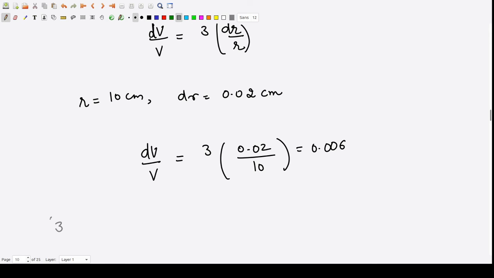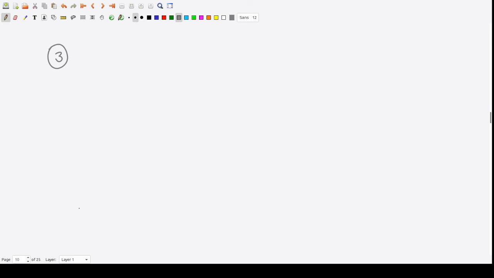Okay. So now let us move on to the next question. The next question is about approximations. How do you approximate some given function using differentials?